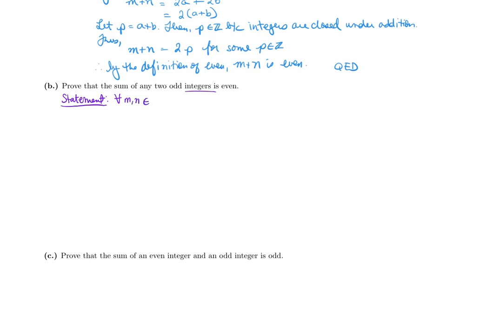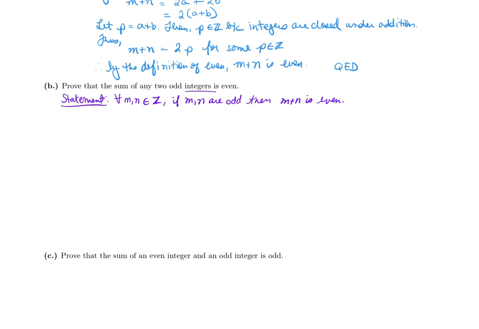So for all m and n in the set of integers, if m and n are odd, then we know what? m plus n is, and it's still even.